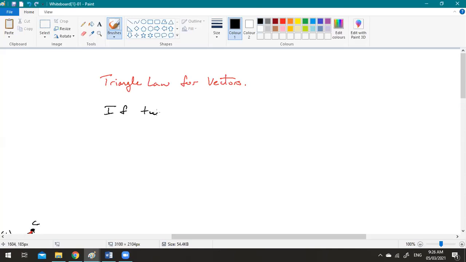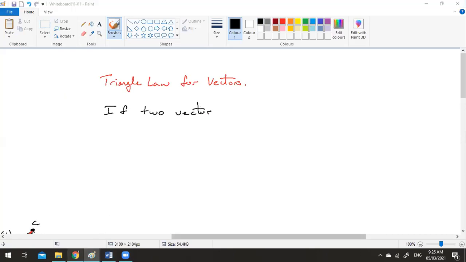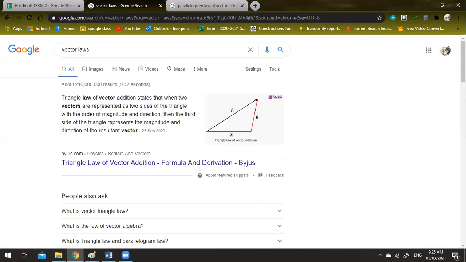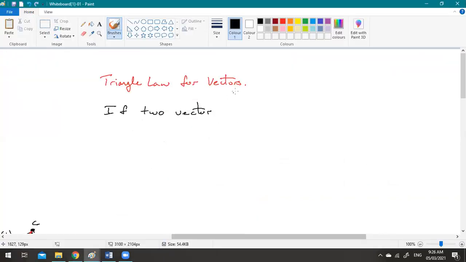If two vectors, and I have it here, I'll pull it up to give you the correct word. Two vectors represent two sides of a triangle with the order of the magnitude and direction. Then the third side represents the magnitude. That's too hard for me to remember.